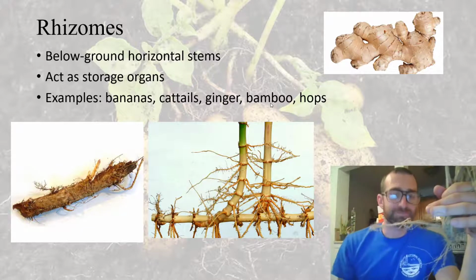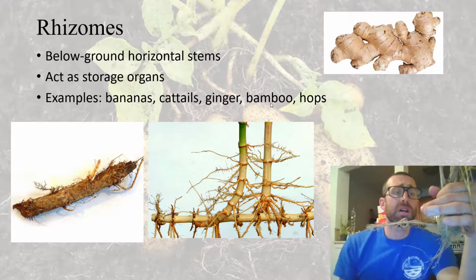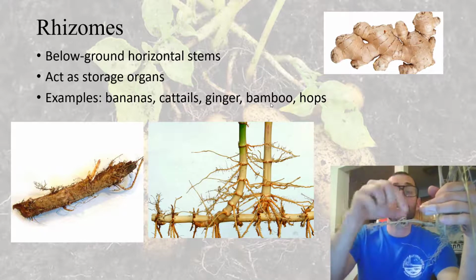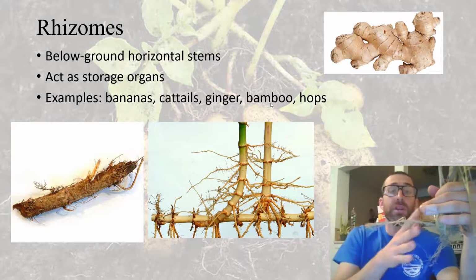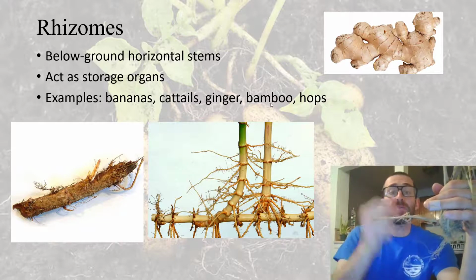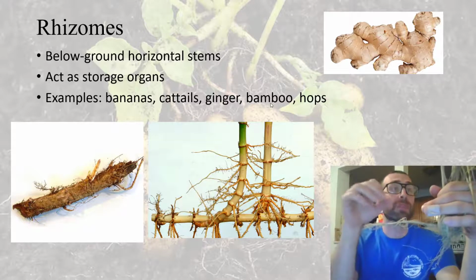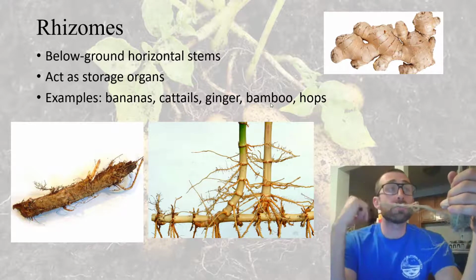So if we were going to propagate a plant like this, and we had new daughter plants growing at these nodes, we could simply clip these off at the rhizome here, plant them, and now we will have new plants that are growing from them. So those are rhizomes.